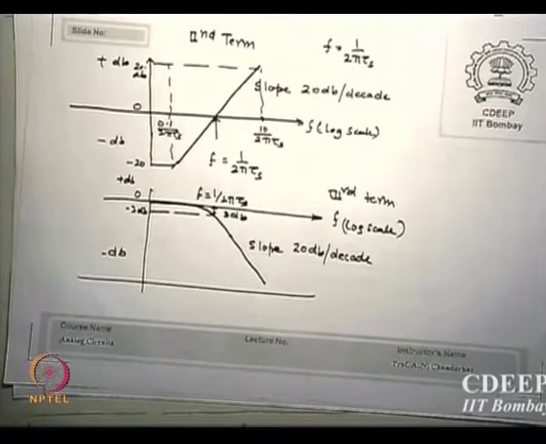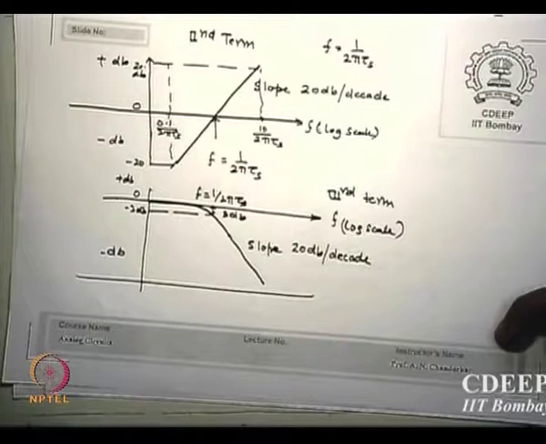In how many orders of frequency? 2 orders, 10 and 10. So per 10, which is called a decade, how much dB are we increasing? 20 dB.